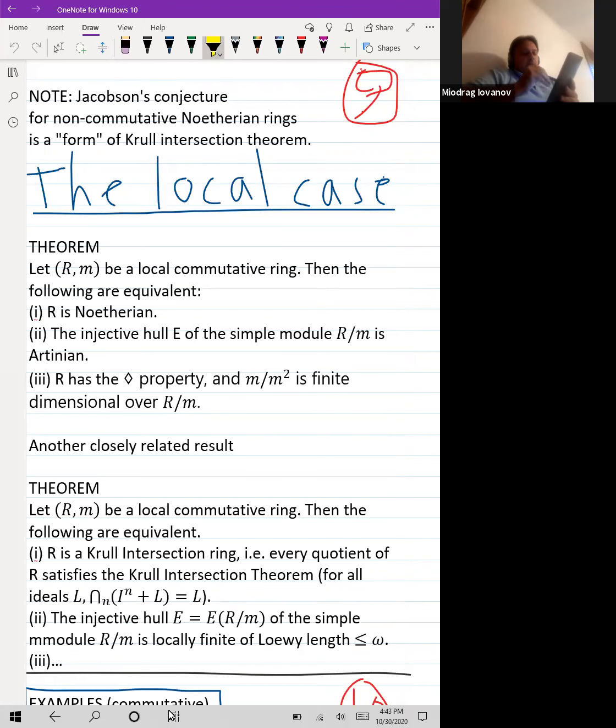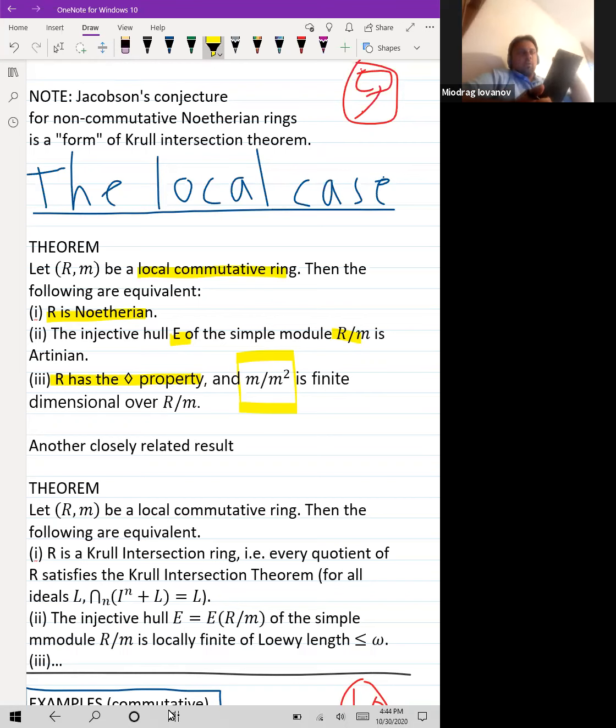If you take a local commutative ring with maximal ideal M, then R being Noetherian, as we have seen, well, kind of, but in this case is equivalent to the injective hull of the simple module R/M being Artinian, and is equivalent to R having the diamond property and the quotient being finite dimensional over R/M. So in other words, finitely generated. So this tells us what is the difference between the diamond property and the ring being Noetherian.